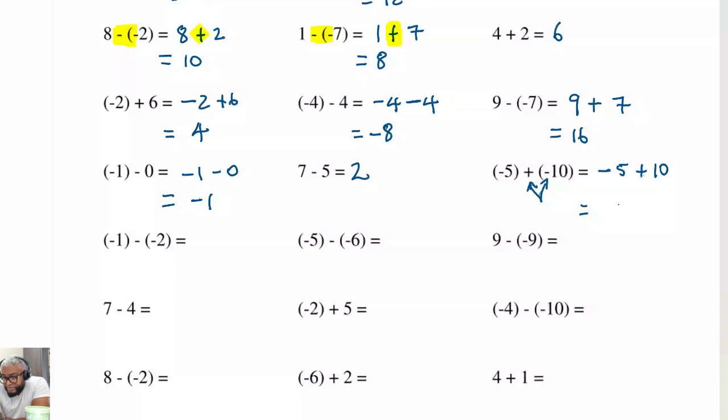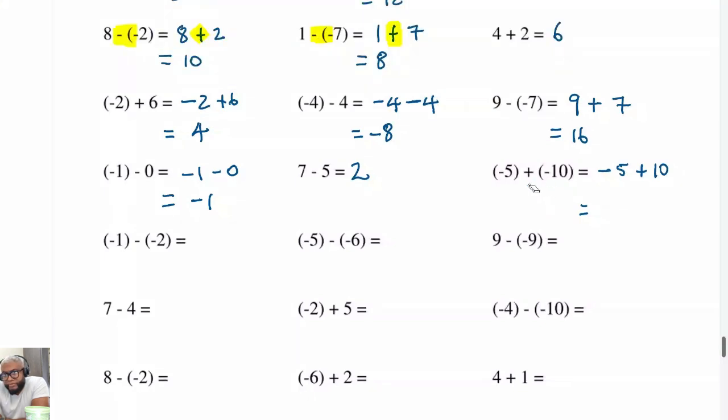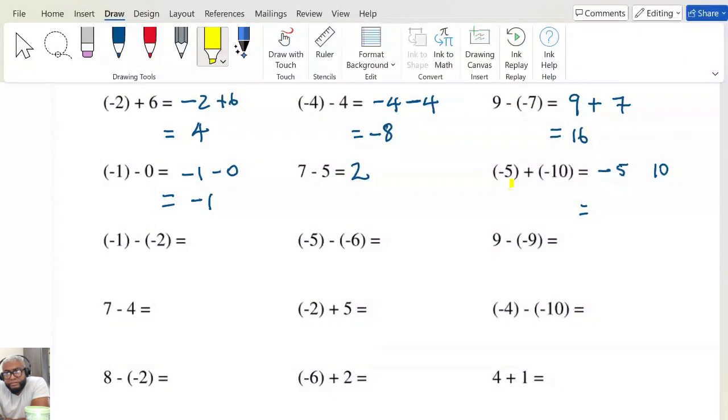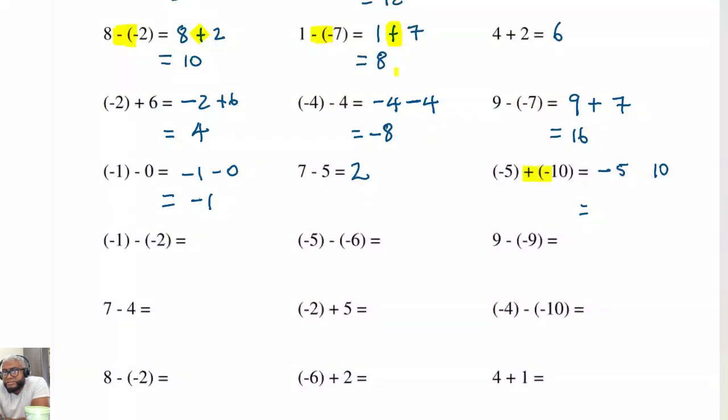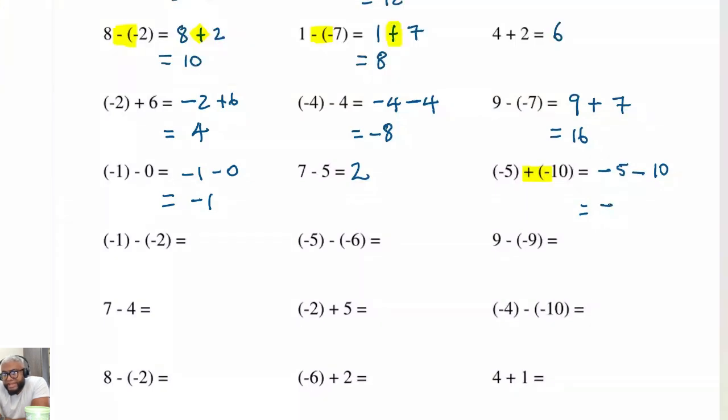Who agrees with him? A plus and a minus is a what, Regard? A negative. So where did you get positive from? The answer you gave me once again was correct, but you don't know how you get it. So -5 minus 10 will give me -15. Do the next one, Regard.